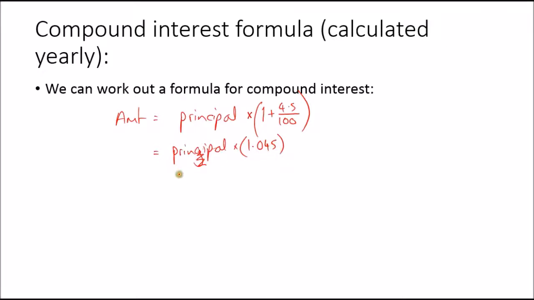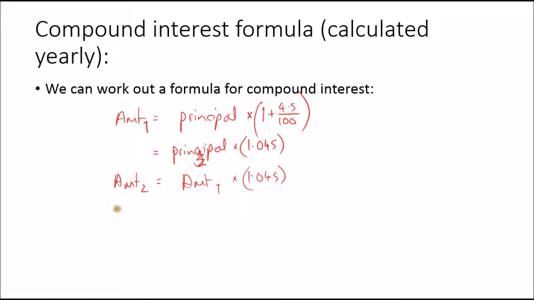Now, the next year, so this is what I call amount 1, that's after 1 year. Amount 2: now you remember that when I'm calculating the interest, I'm using the amount from the end of the first year. So amount 2 is going to be amount 1 times 1.045.